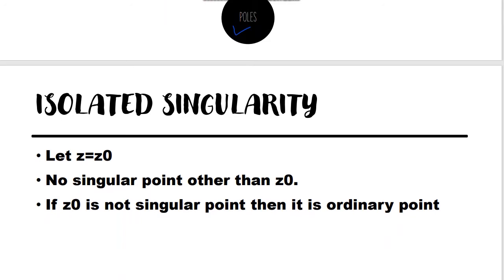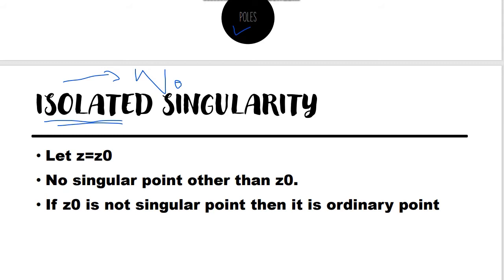So the first singularity which we're going to discuss is isolated singularity. What is a singularity? A point at which f dash fails to exist analytically. As the name suggests, isolated means no other singularity, it does not have any singularity in its neighborhood.